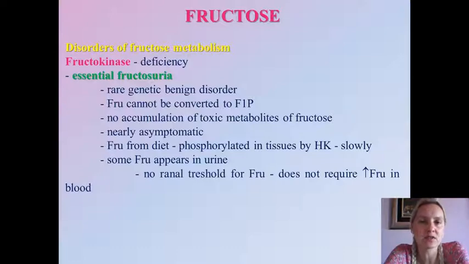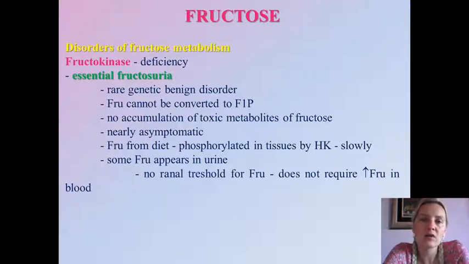Fructose itself is not considered a toxic molecule. And on the other hand, there are other tissues and hexokinases that can slowly phosphorylate fructose. So this disorder goes almost nearly asymptomatic in the people carrying it. Speaking of the fructose taken from the diet, it can be phosphorylated by hexokinases in other tissues.